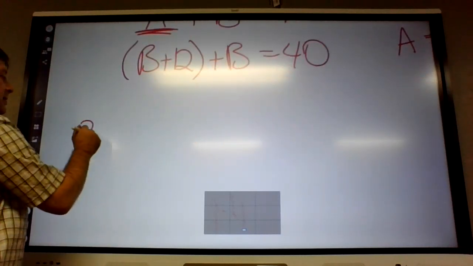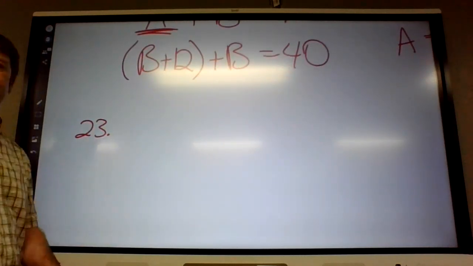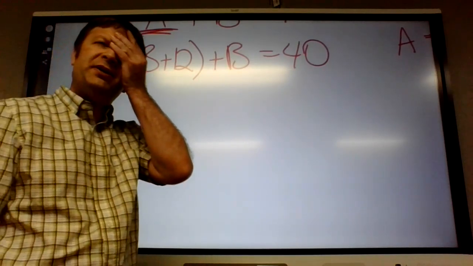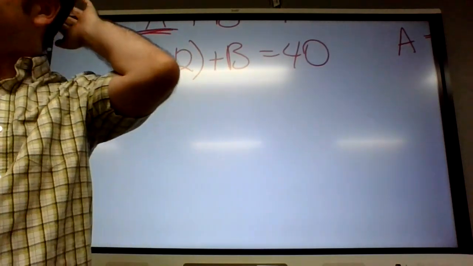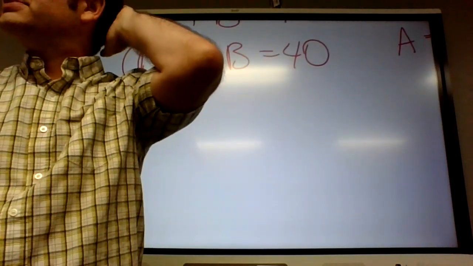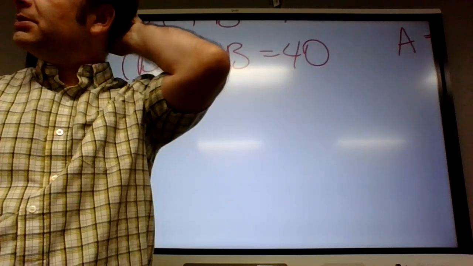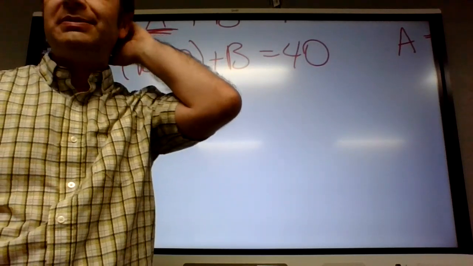Okay, 23. It says the sum of three consecutive integers is 84. What does consecutive mean? This is not necessarily a math word, it's just a word. You guys know what consecutive means?